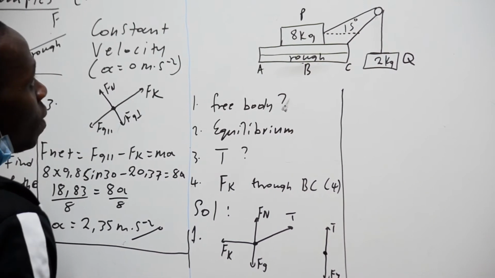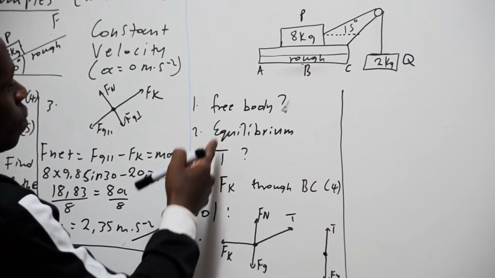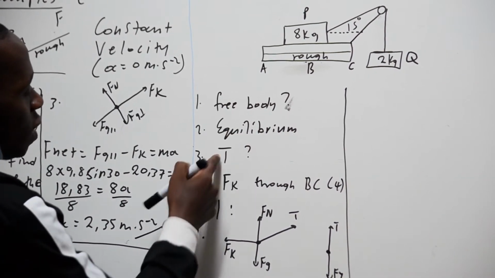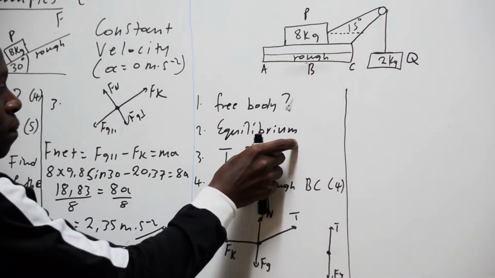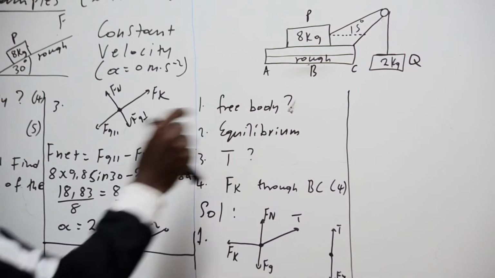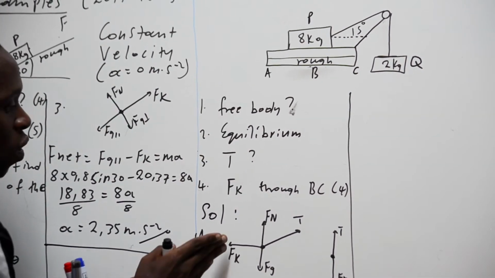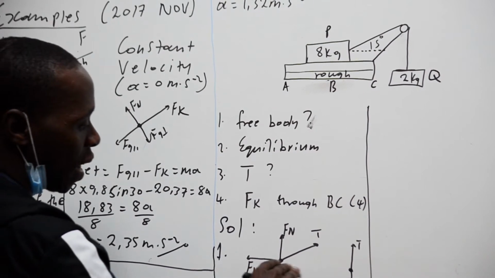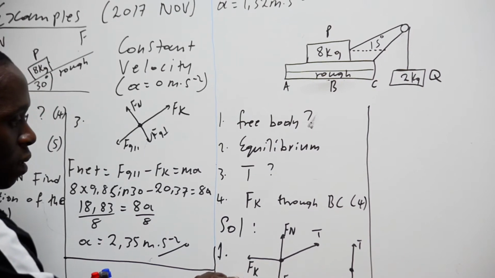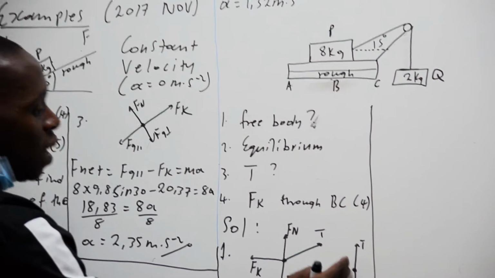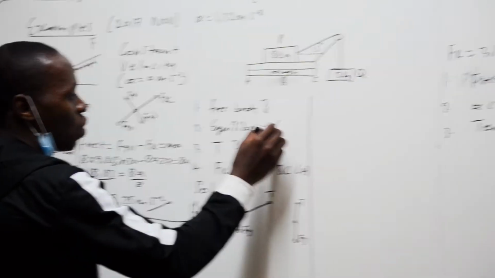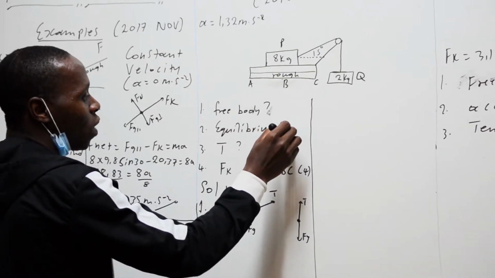So I am required to calculate now the tension. Equilibrium: you have to know that in equilibrium, forces are equal. So all the horizontal forces are equal. Forces to the right equal forces to the left. Forces upward equal forces downward. In other words, in equilibrium, you should know F net is equal to 0.